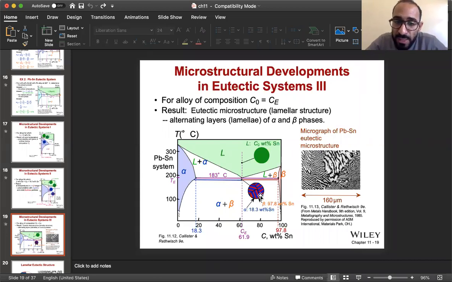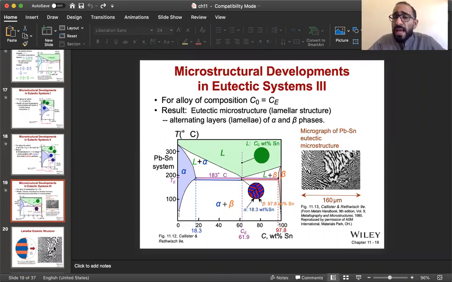You have different grains, and each grain has alpha and beta. If you look at the macrograph over here, you see alpha, beta, alpha, beta, so in each grain you can see those alternating layers. So if you have an alloy with this composition, 61.9, and you cool down from the liquid phase to the solid phase, the liquid can directly transform to solid alpha plus beta, and that alpha plus beta has a special lamella microstructure.